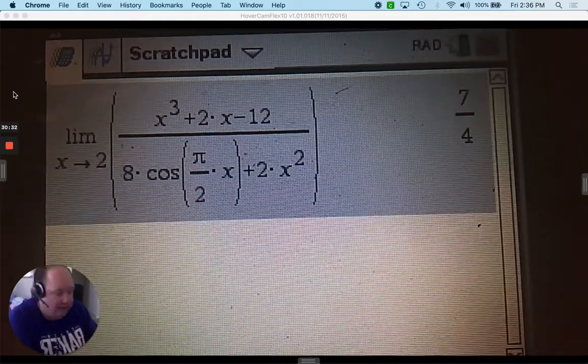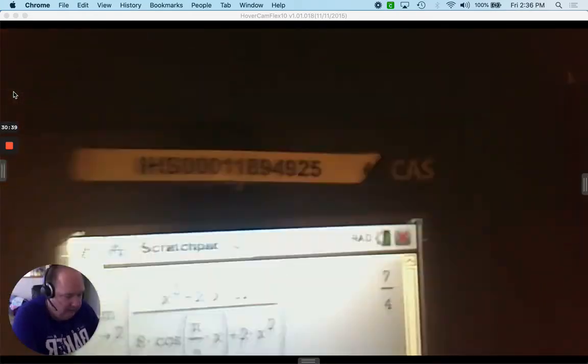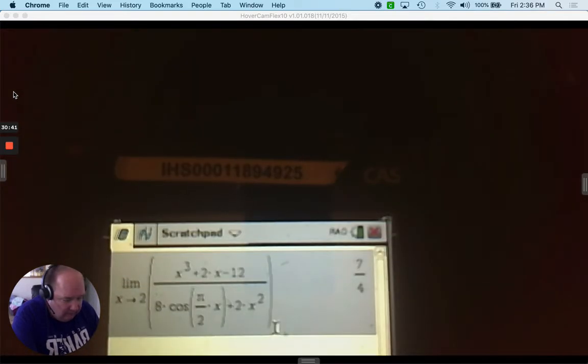Now, does f at 2 exist for that same one? So this is what I'm going to do to evaluate the function, is I'm going to highlight this part on the inside here. Oops. You know what? I'm just going to do this.